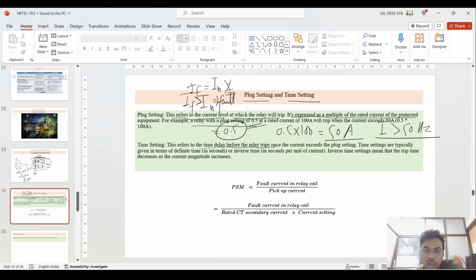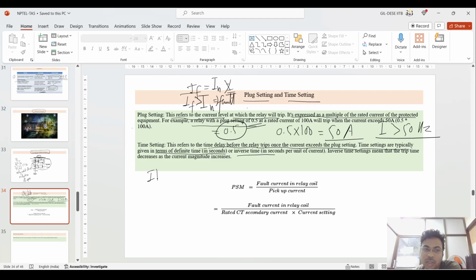Time setting is after how much delay the relay should trip. This refers to the time delay before the relay trips once the current exceeds the plug setting. The time settings are typically given in terms of definite time, in seconds, or inverse time.